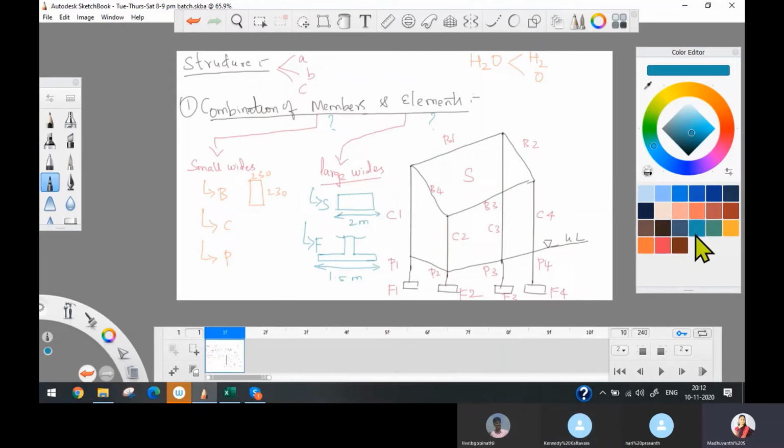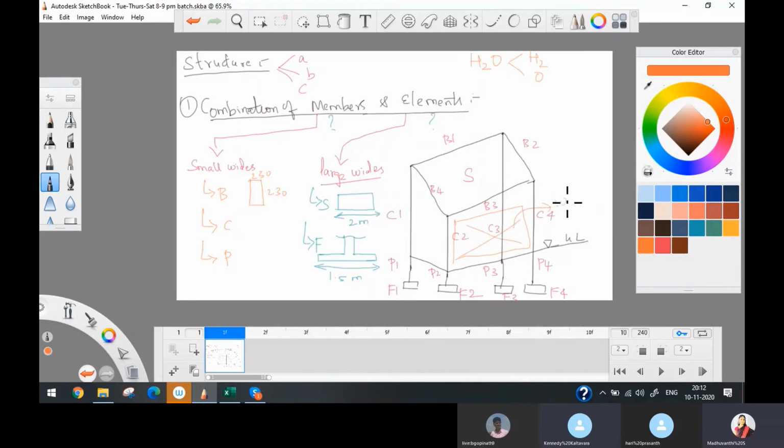Here there is one more thing which is left. We have seen the slab, beam, column, pedestal and footing. One more thing is left out. What is that? We have the wall, right? Here there is a wall.